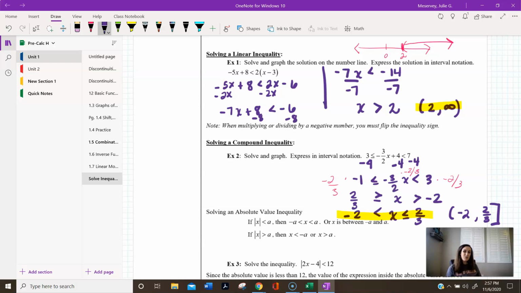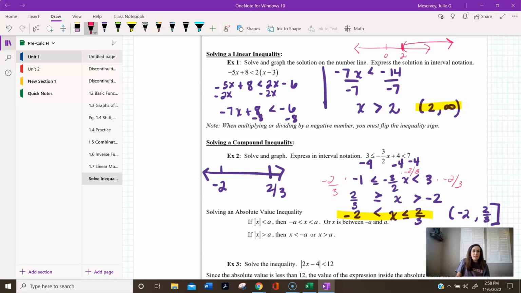So compound inequality is everything coming together. Looking at how this graph looks, we have a negative 2, and you would put an open circle, or if you're graphing as an interval notation, you could use parentheses and brackets, and then this is 2/3.